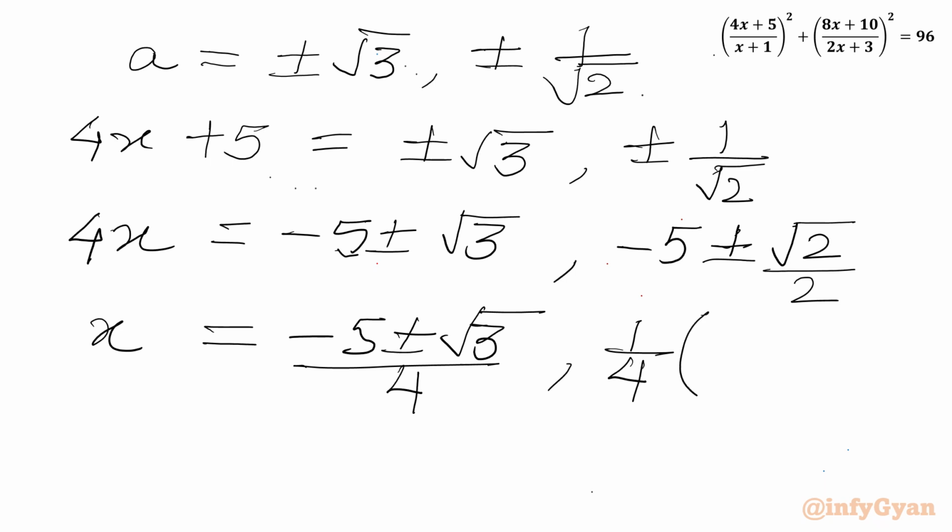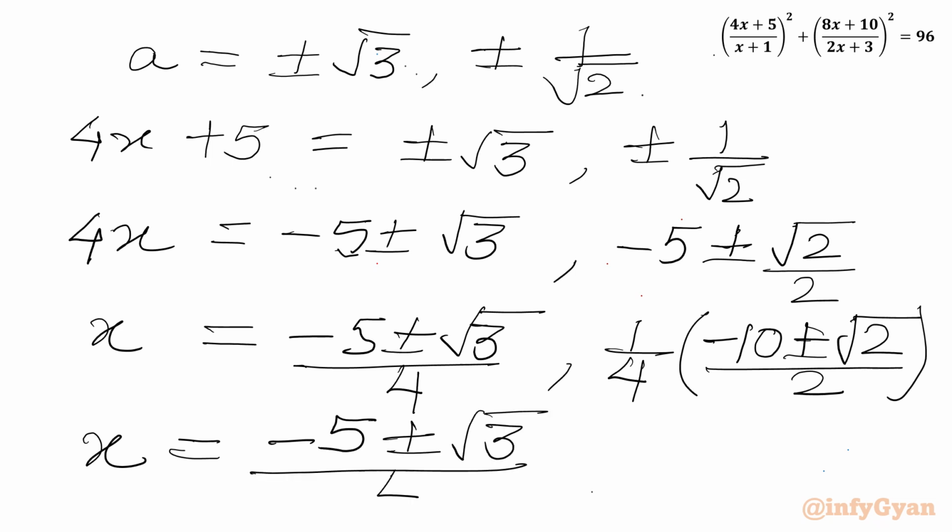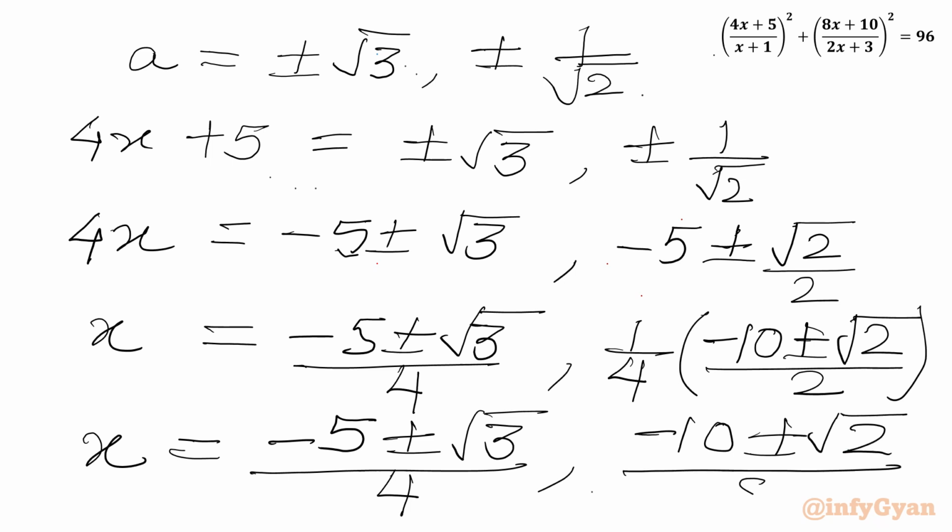In the bracket we will take LCM. So we have to write minus 10 plus minus square root 2 over 2. Or I can write x will be equal to minus 5 plus minus square root 3 over 4 and minus 10 plus minus root 2 over 8.